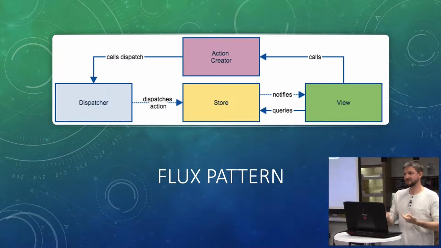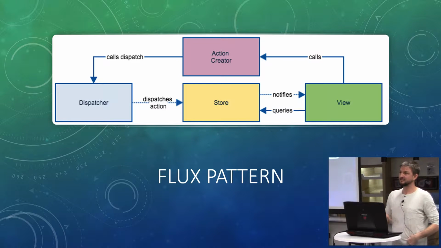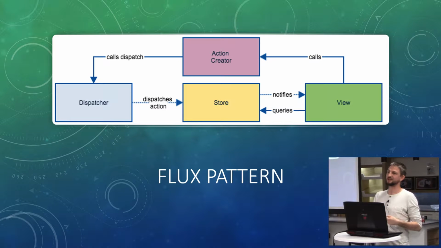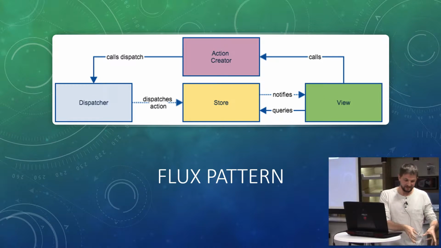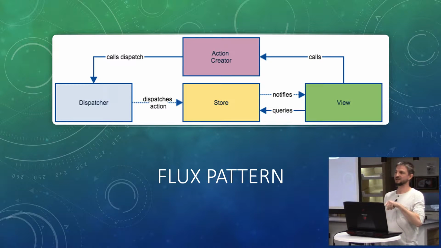A little bit of history about this pattern. It was invented by Facebook as well. They had an issue where when a person had a notification on their page to tell them that something had happened, they would clear the notification and do something else and come back, and the same notification was there later, and they had to clear it again. So they figured out that they could solve this problem by introducing unidirectional data flow.